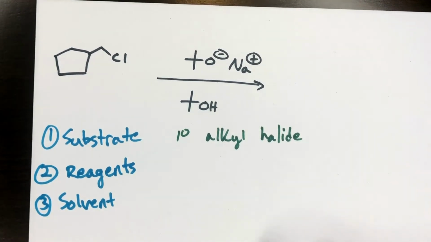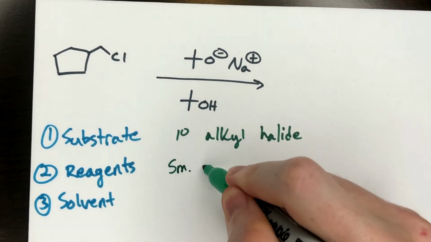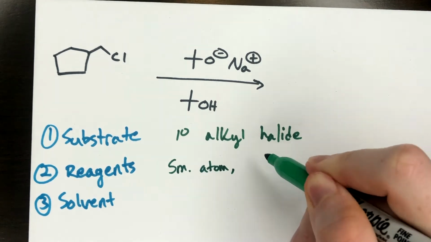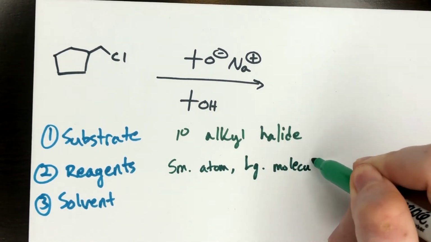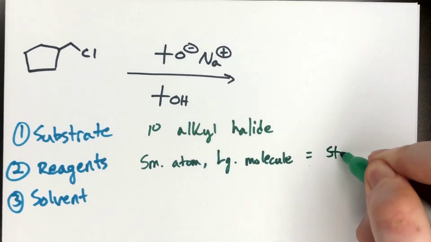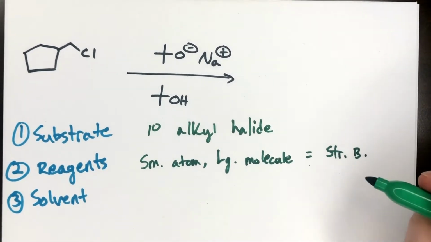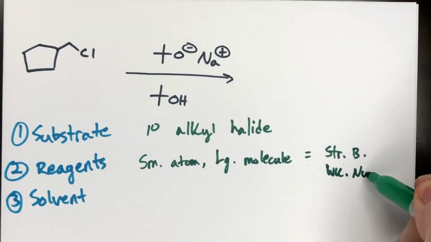The reagent, we have a small atom, the oxygen, and a large molecule. So that is a base. This is a strong base, but a weak nucleophile because it's so large.